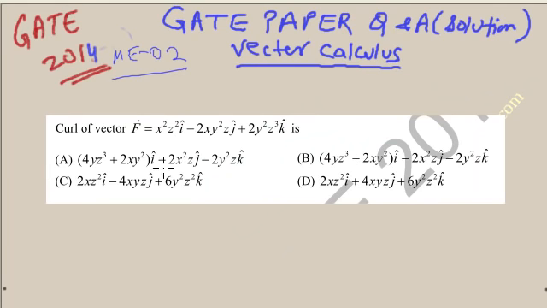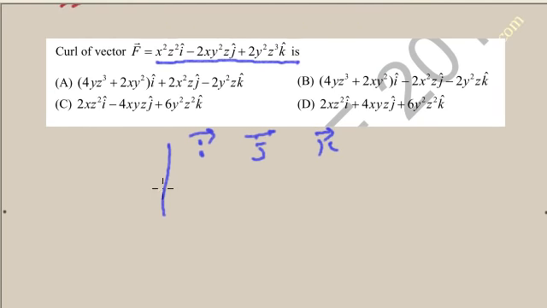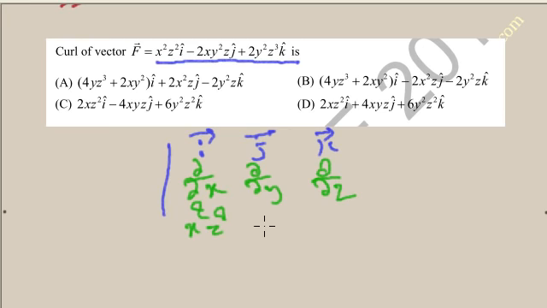This is another question. You are required to find the curl of the vector. So curl is i, j, k, and then you put del by del x, del by del y, and del by del z, and then x square z square, minus twice x y square z, and then twice y square z cube.